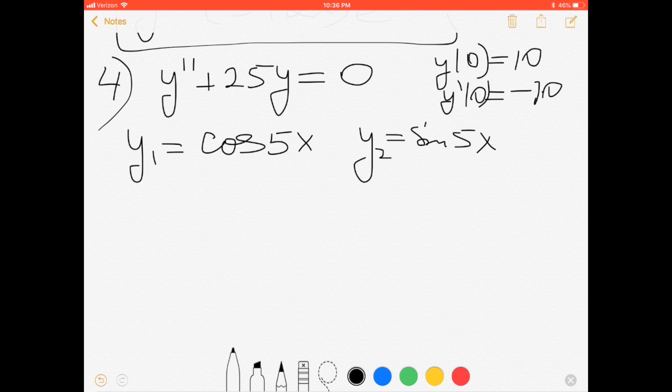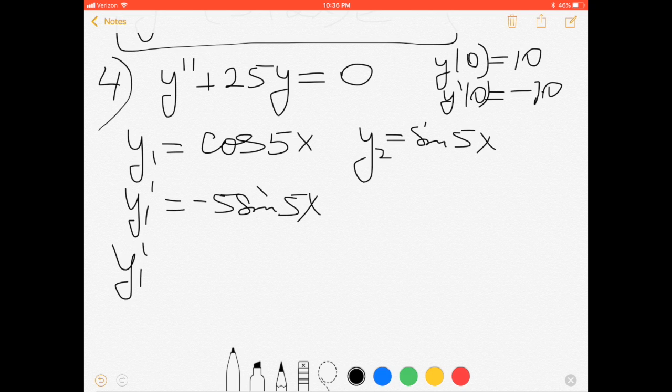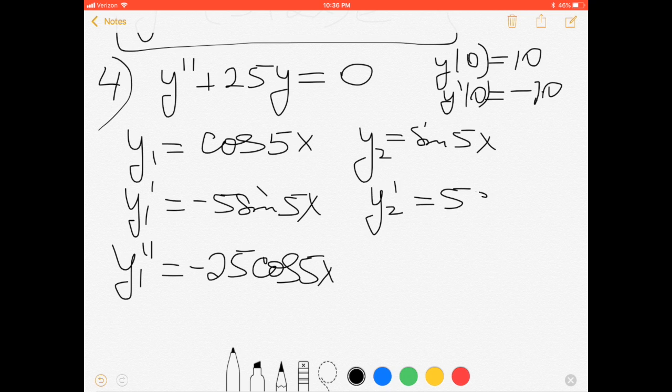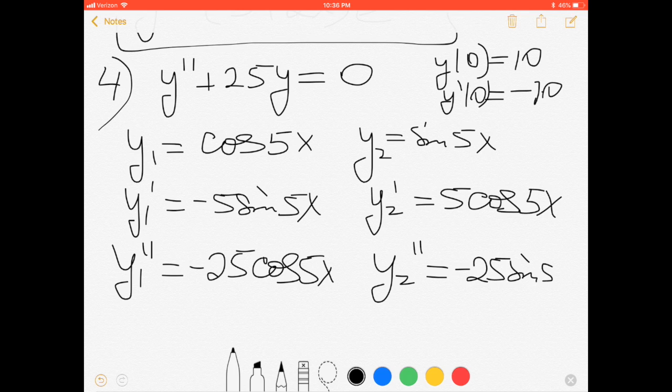This means I need to find the first derivative of each function. It will be minus 5 sine 5x, and the second derivative will be minus 25 cosine 5x. For the second function we do the same. It will be 5 cosine 5x, and the second derivative will be minus 25 sine 5x.